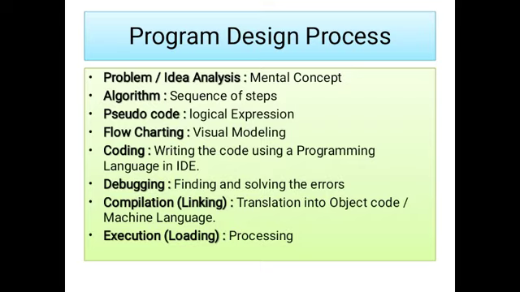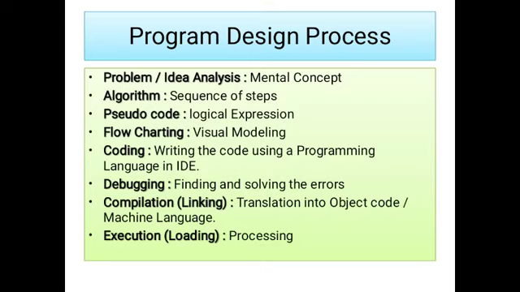So let's talk about the program design process of C++. The first step of the program design process is problem or idea analysis. This is a mental concept in which we think about the problem in our brain.